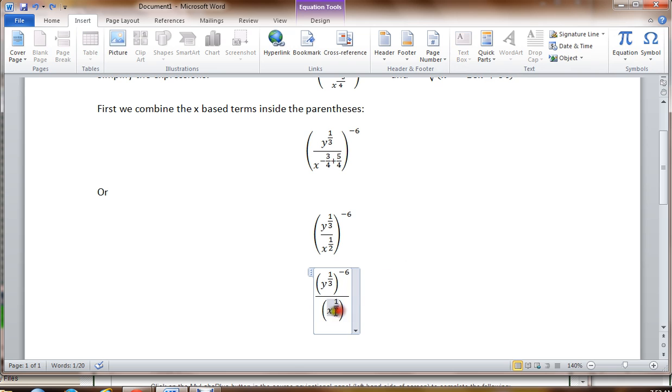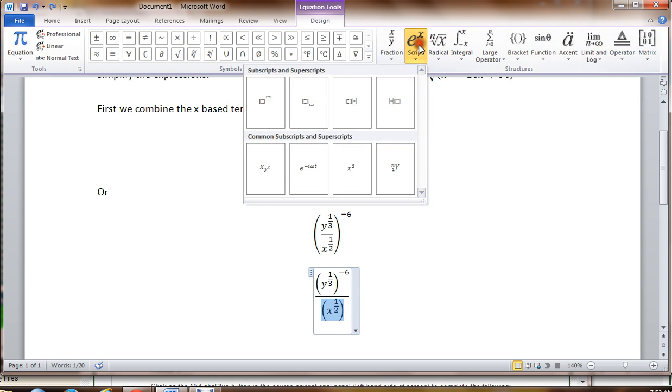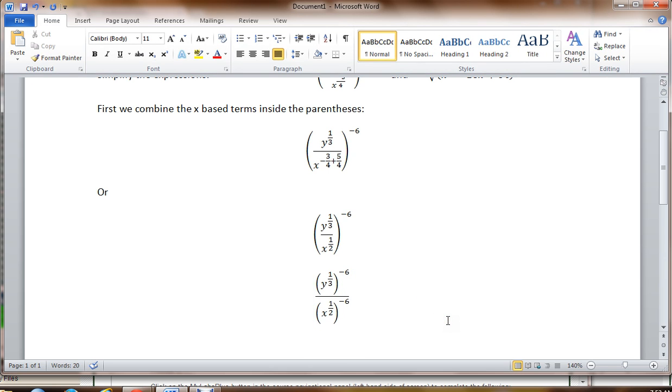See, I lost my script tools here. There we go. All right, and now I'm going to apply the rule that when you have an exponent raised to an exponent, you multiply those exponents.